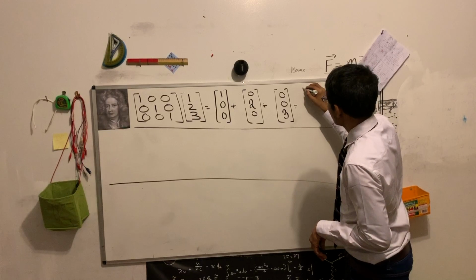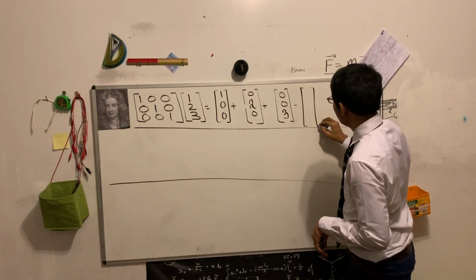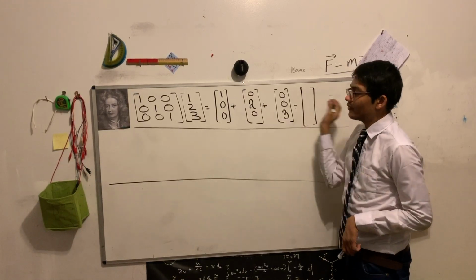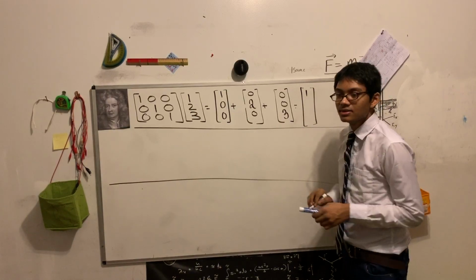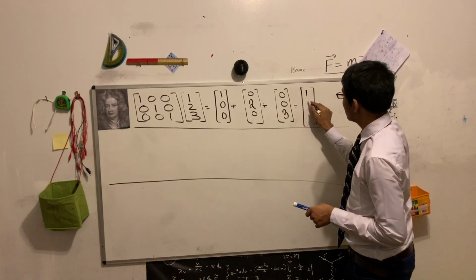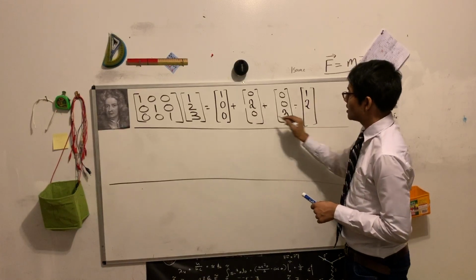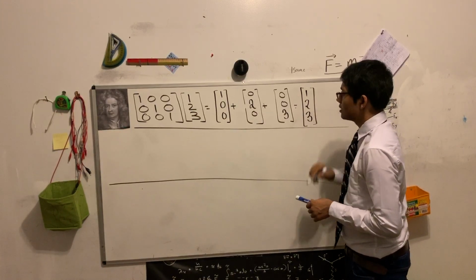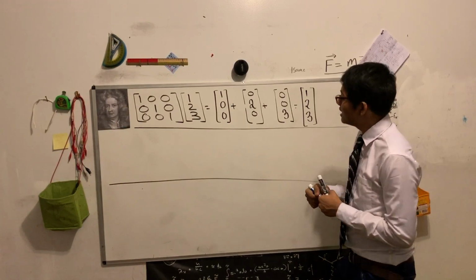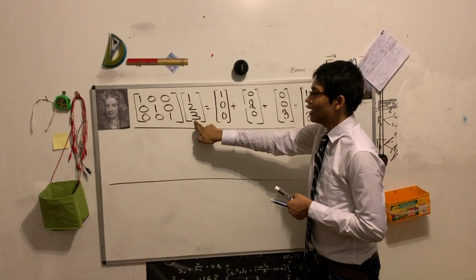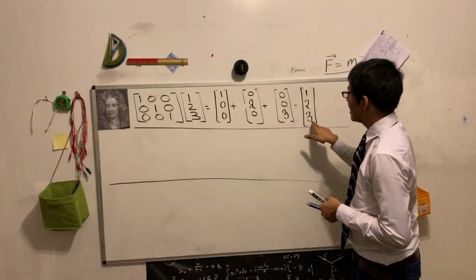Yes. What do I get if I add these vectors? 1 plus 0 plus 0 is 1. 0 plus 2 plus 0, 2. 0 plus 0 plus 3, 3. Indeed, we see that we ended up with the same vector that we started with.